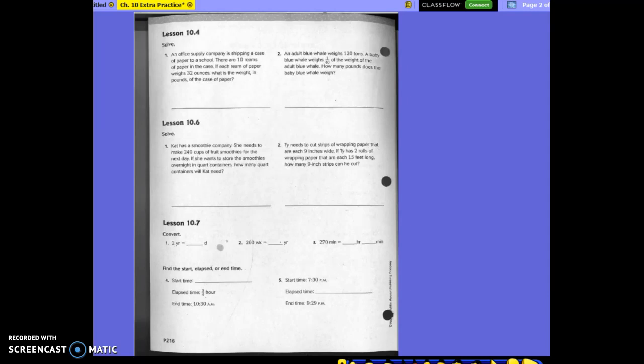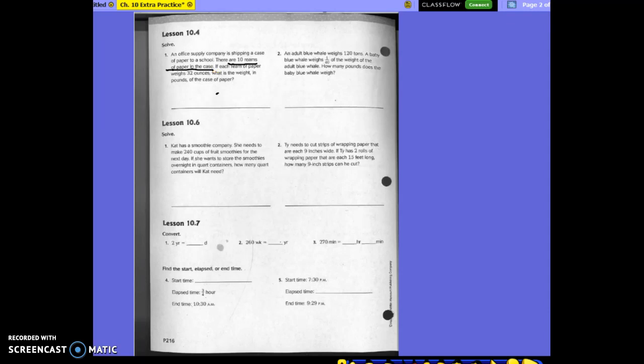The office supply company is shipping a case of paper. There are 10 reams of paper in each case, and each ream weighs 32 ounces. What is the weight? Okay, what do you think we should do first?